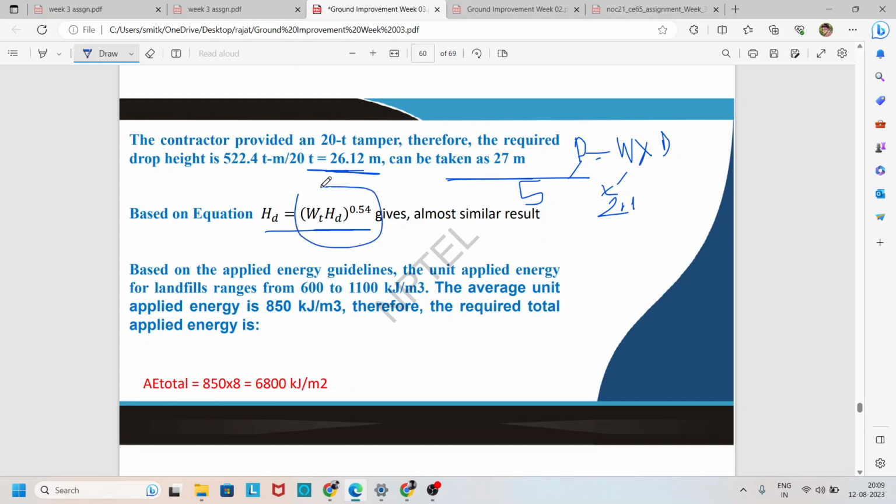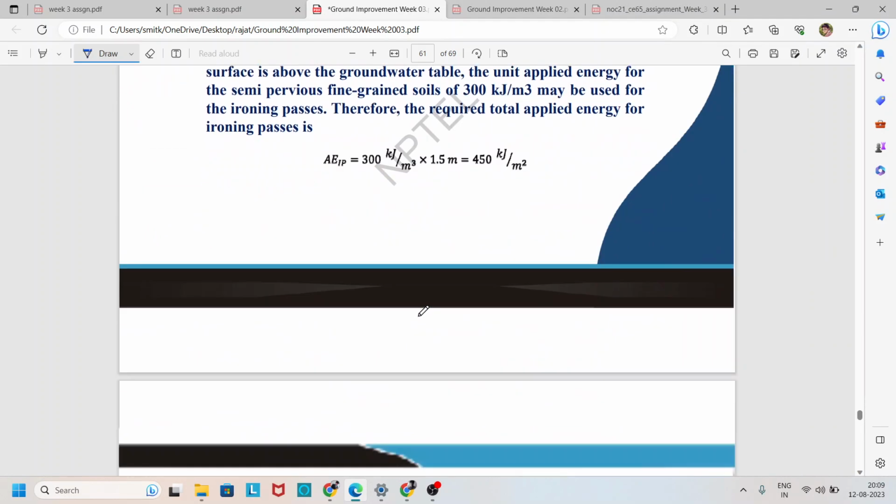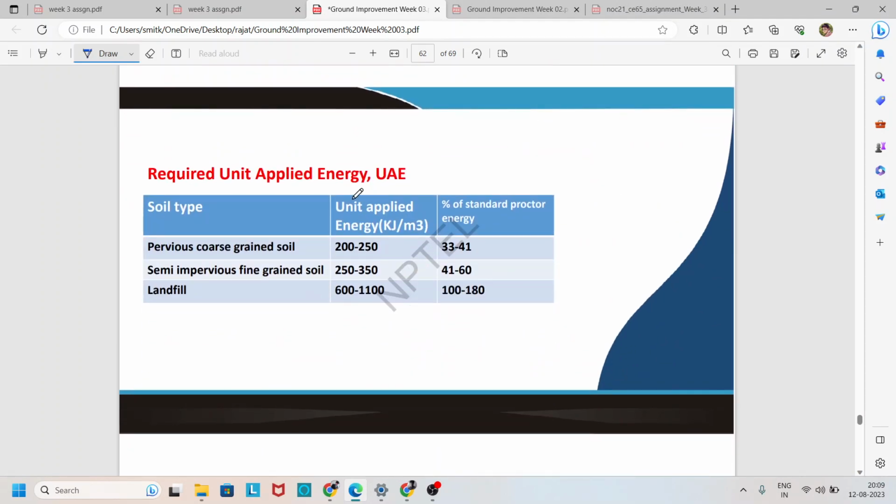Similar results can be expected from this formula also. Now, to find the total applied energy for this deep dynamic compaction, we use the table. For unit applied energy for landfill, the unit applied energy should be 600 to 1100 kilojoule per meter cube.